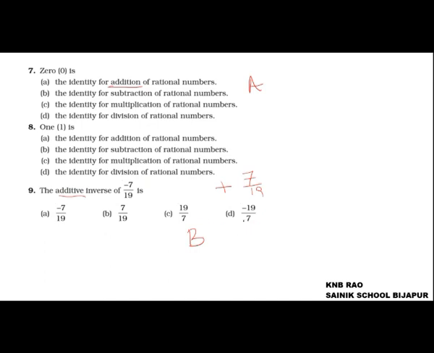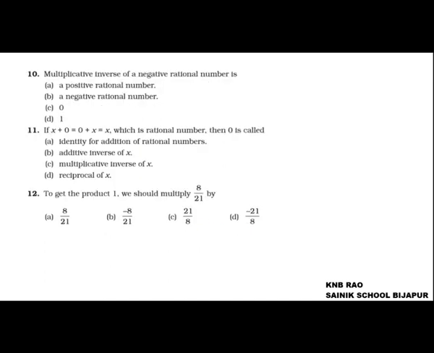Next set of questions. Multiplicative inverse of a negative rational number. The multiplicative inverse of a negative rational number will again be negative. So it is option B. Next, if x is added to 0 or 0 is added to x gives x, this is the additive identity property.